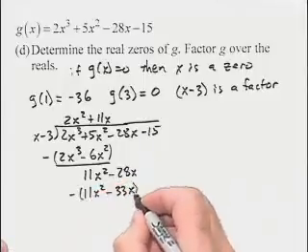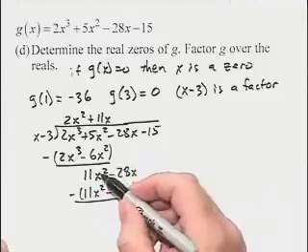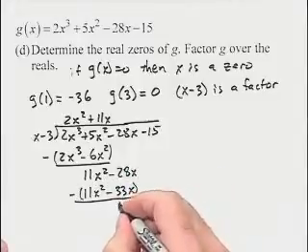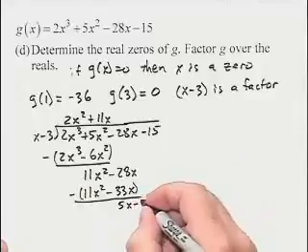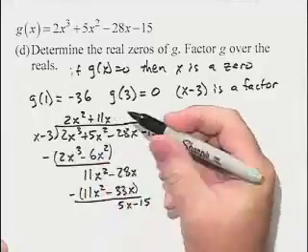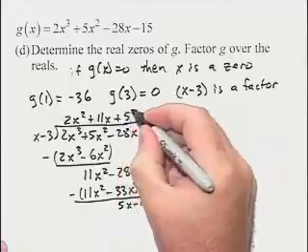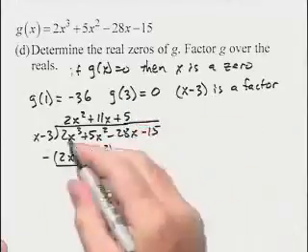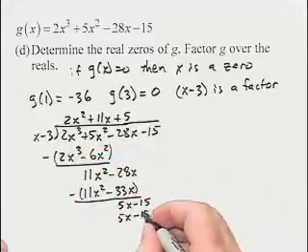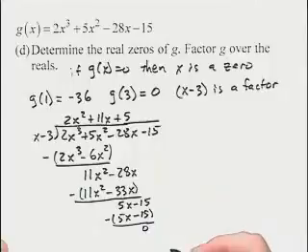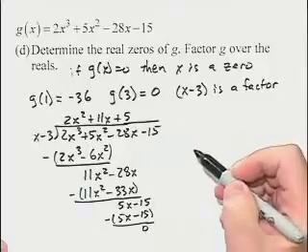Again, we subtract, and we end up with 5x. Drop down our negative 15. To get 5x, we need to multiply x by 5, so we'll have plus 5. 5 times x is 5x. 5 times negative 3 is negative 15. We subtract that, and we get a remainder of 0, which we should if x minus 3 is a factor.